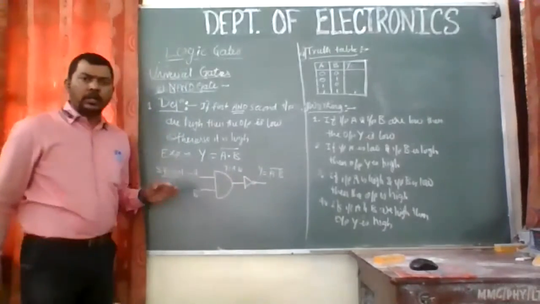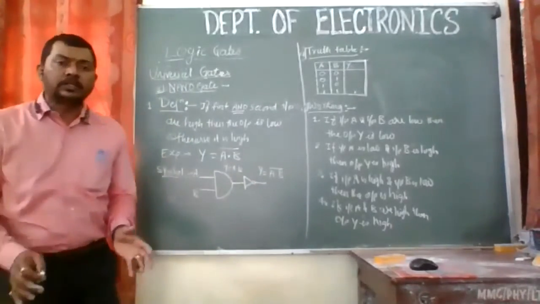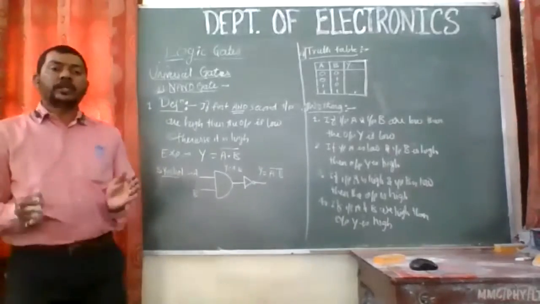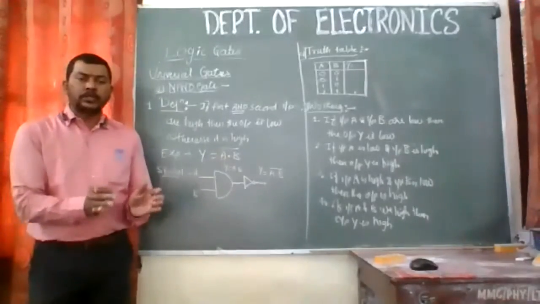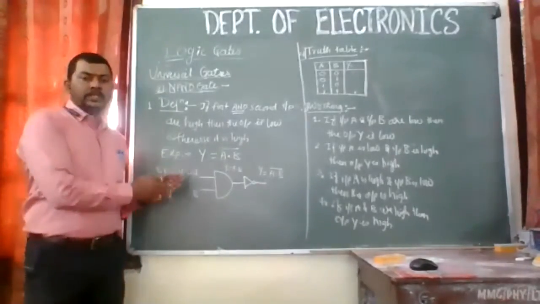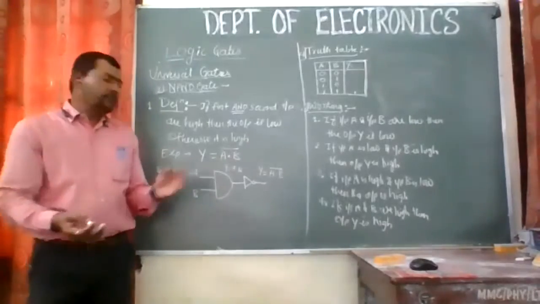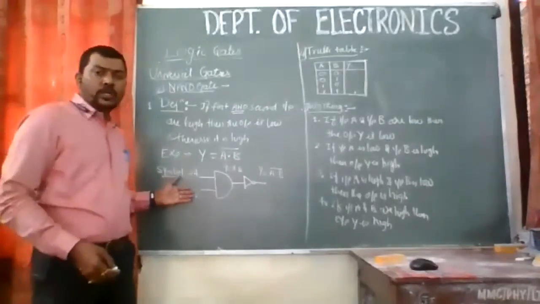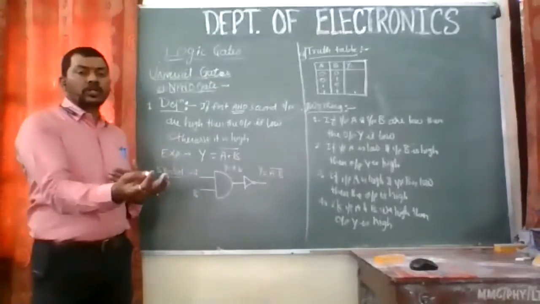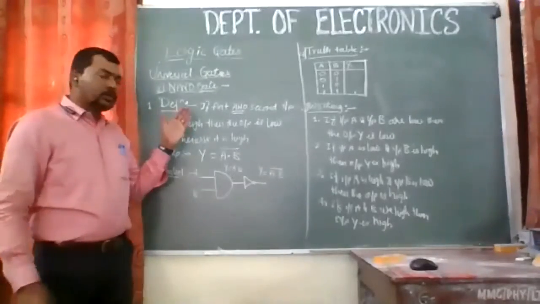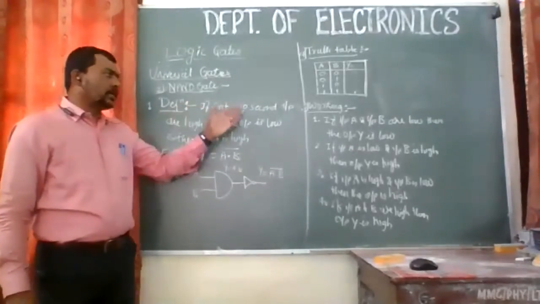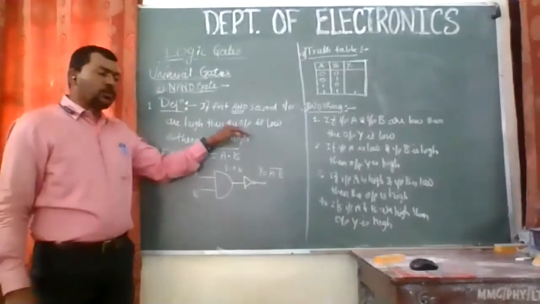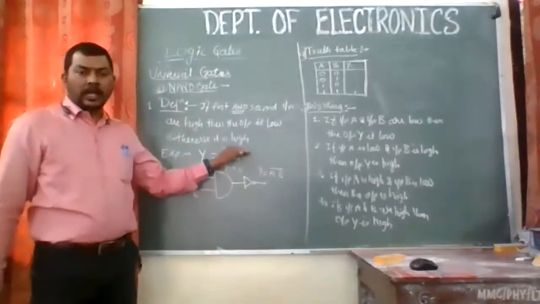That is why we call it a derived gate, because the universal gates are derived from the basic gates. We are using two gates: one is the AND gate and we complement it by putting a NOT gate in front of it. Whatever inputs we give, the output is the reverse of the AND gate, right? Therefore, if first and second inputs are high, then the output is low. Otherwise, it is high.